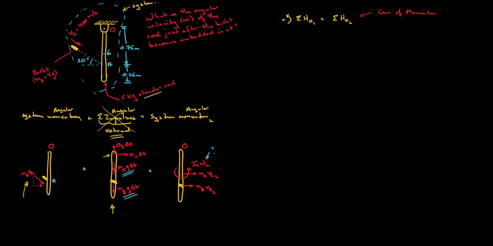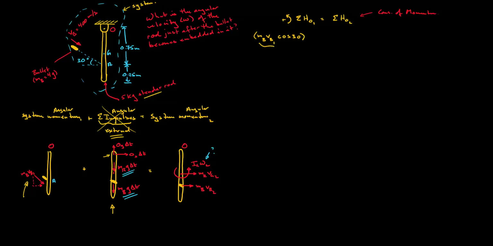So we have the mass of the bullet multiplied by the velocity of the bullet at time 1. And we're interested in the x component, so we're going to multiply it by the cosine of 30.